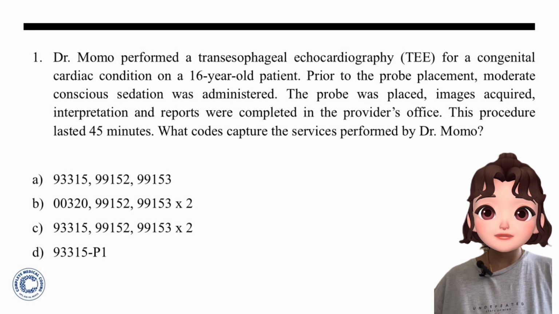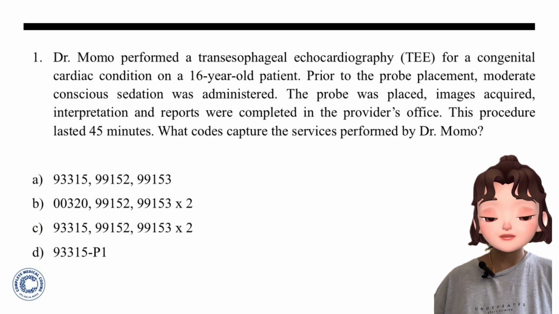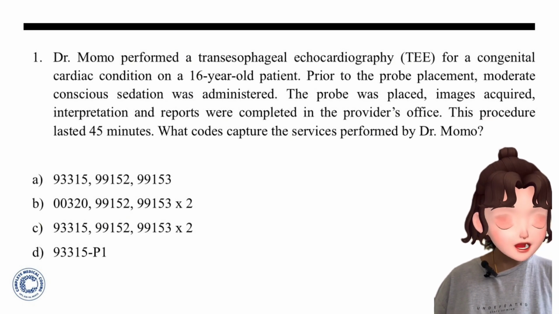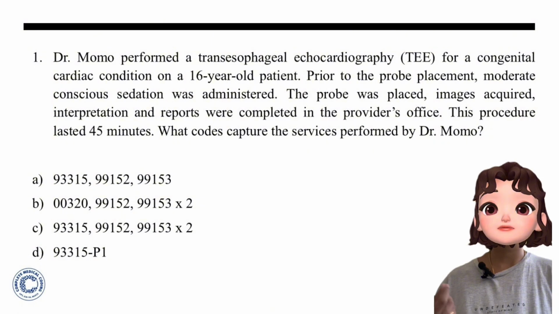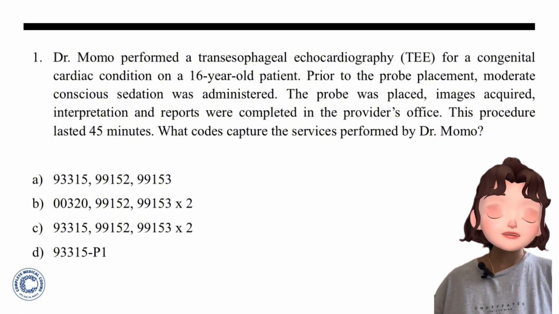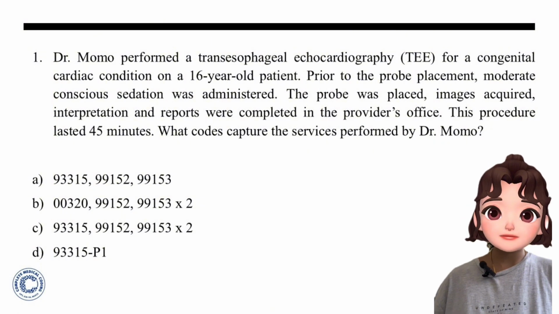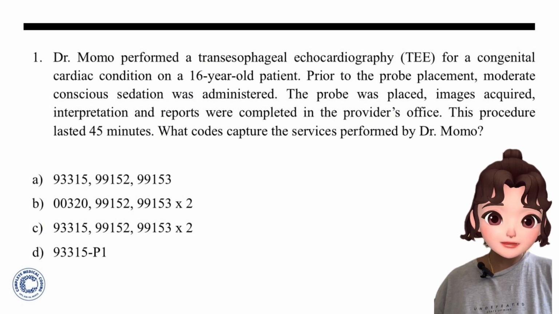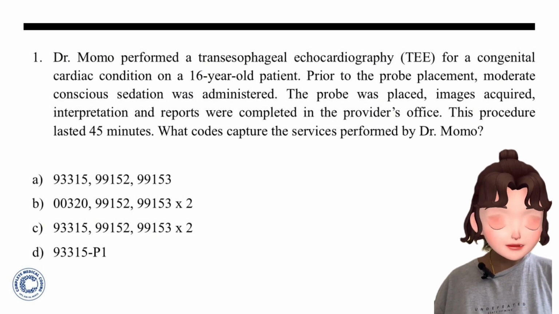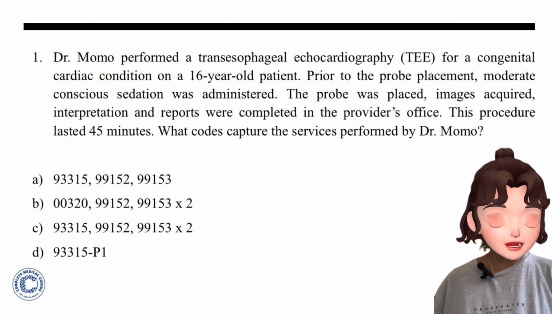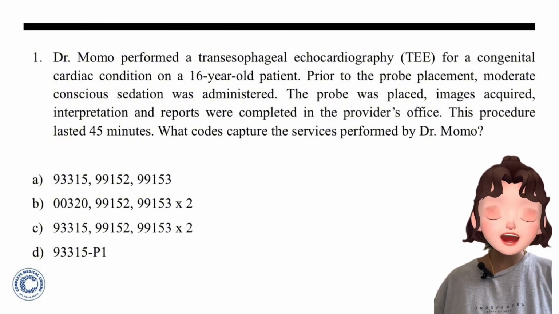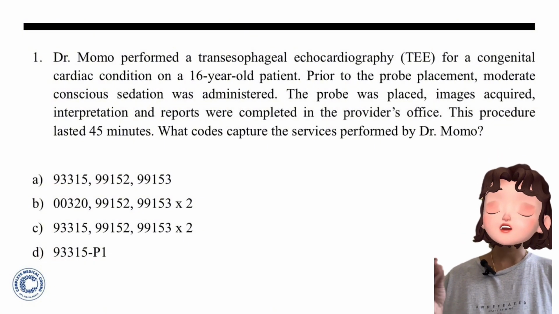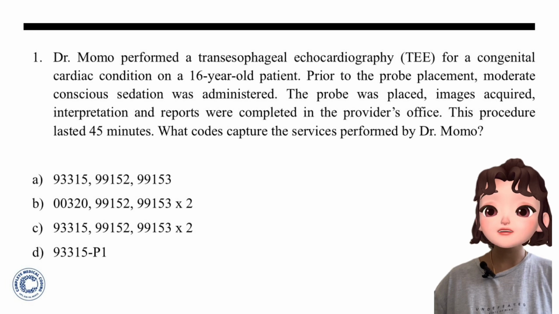99152 is the code for the initial 15 minutes of moderate sedation. Now you have to code for each additional 15 minutes, which is 99153. The next code, 99153: each additional 15 minutes of intra-service time, listed separately in addition to the primary procedure. Initial 15 minutes is 99152.